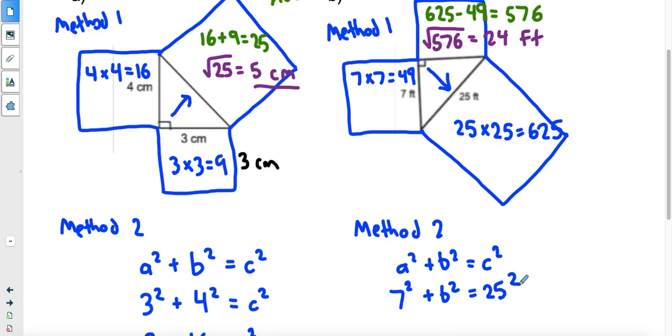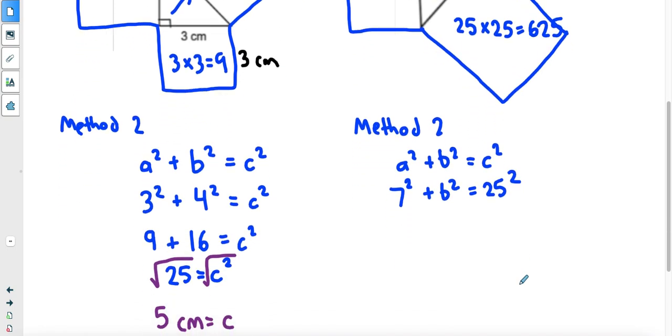I can simplify this expression, because 7 squared, 7 times 7 is just 49. B squared, that's what we're trying to find. And 25 squared, that's just 625. And all we're doing now is solving this equation for b.